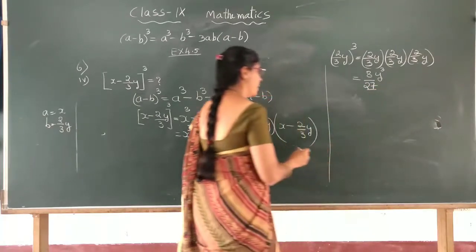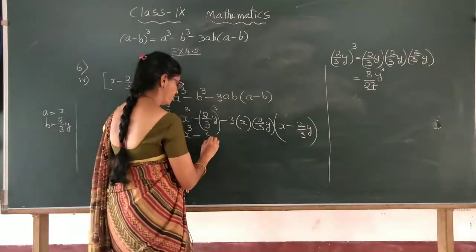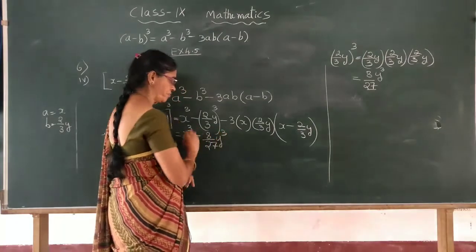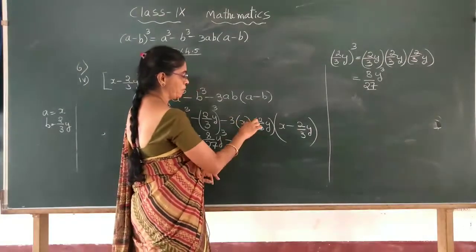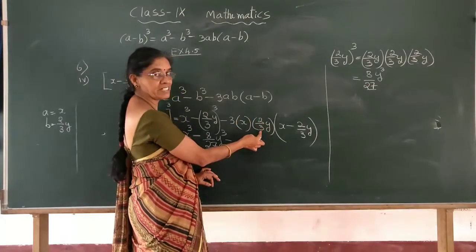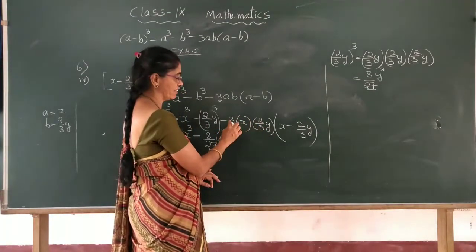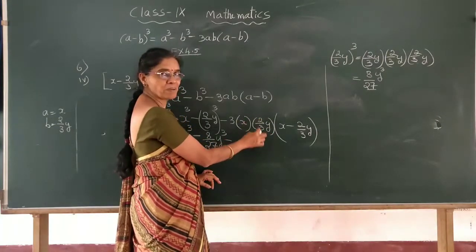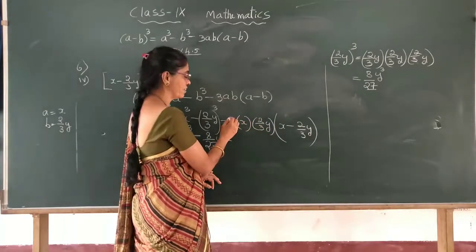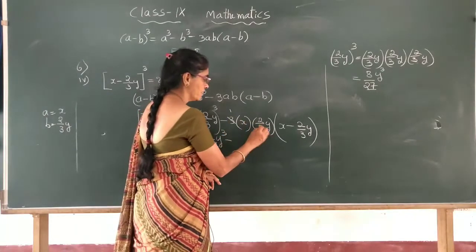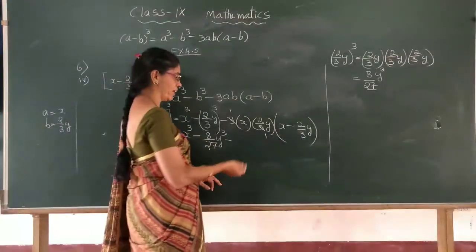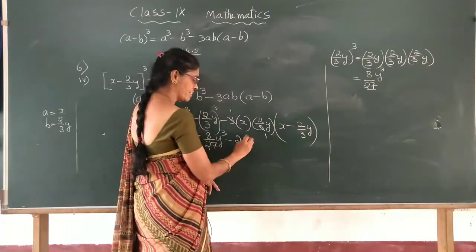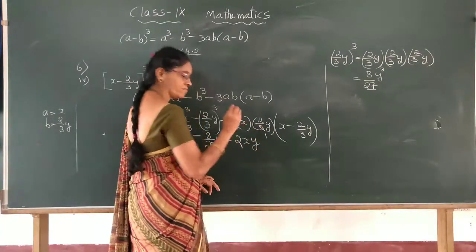So you will get 8 by 27 y cube. Then minus 3 into x into 2 by 3 y; you can multiply then divide by 3, or divide first. I will divide first: 3 1s are 3, then 1 into 2 is 2, and x into y is xy.